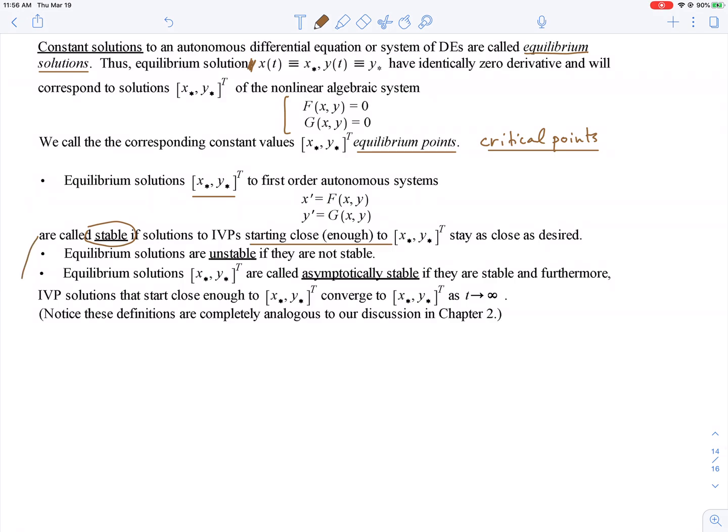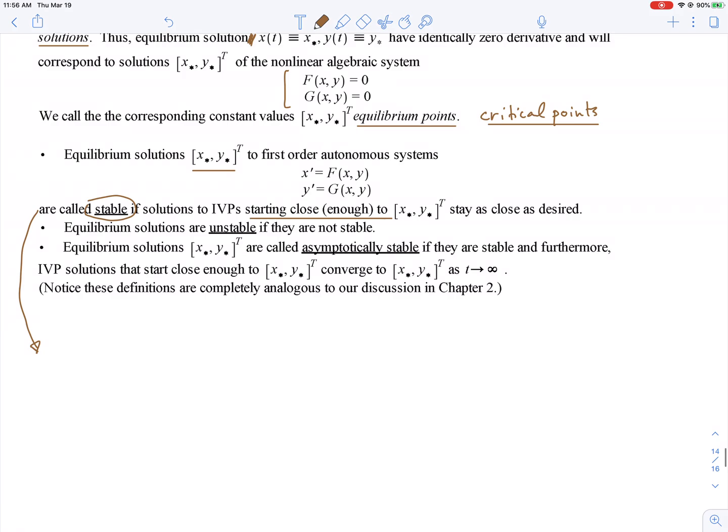And since a lot of you are taking or will take or have taken, even in some cases, analysis, let's write down the precise words for this definition. If we want to stay as close as desired, that means that you might desire to stay any distance epsilon close.